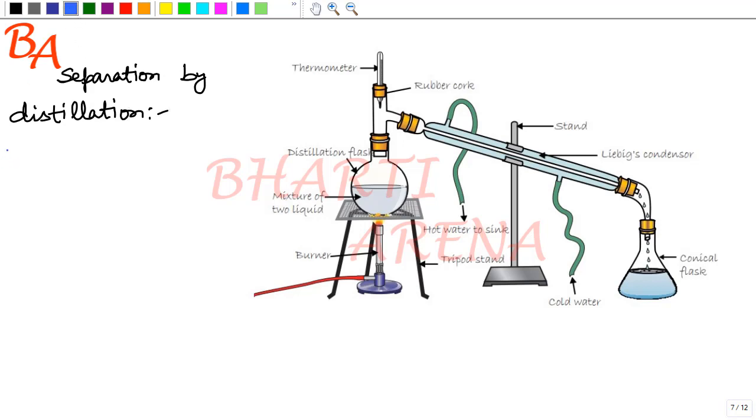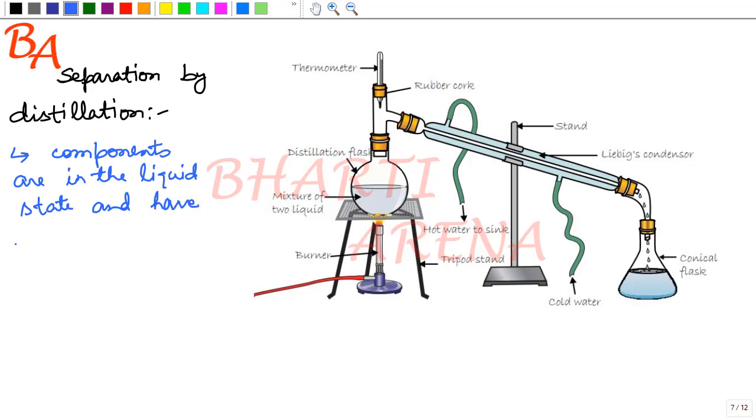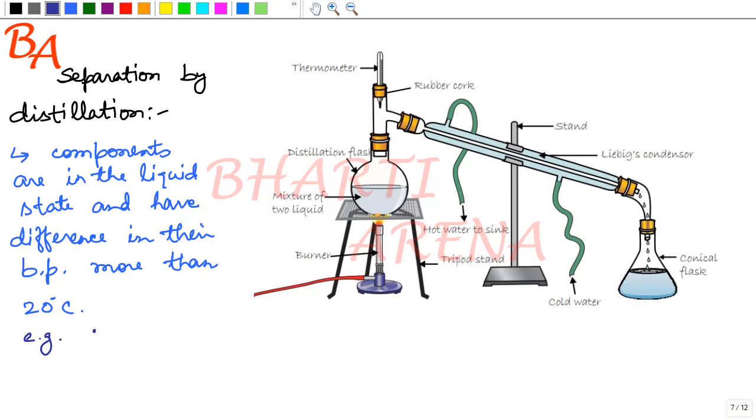This technique is used where the components are in the liquid state and have a difference in their boiling point of more than 20 degrees Celsius, like a mixture of water and alcohol.